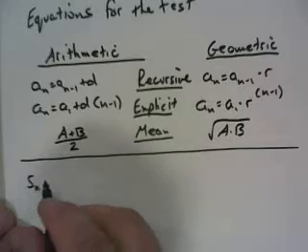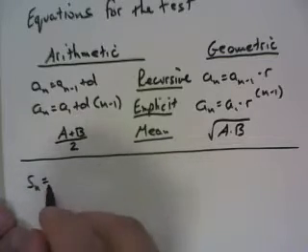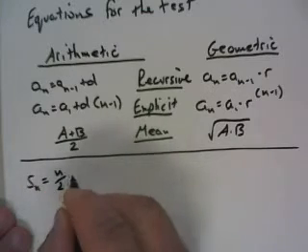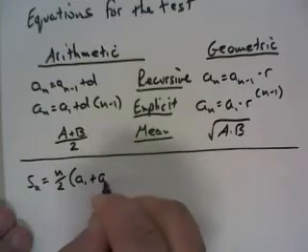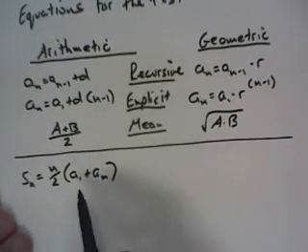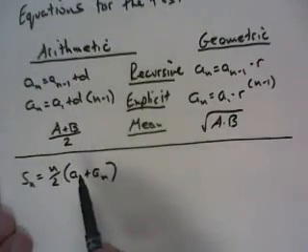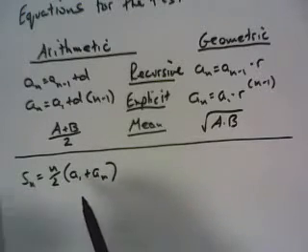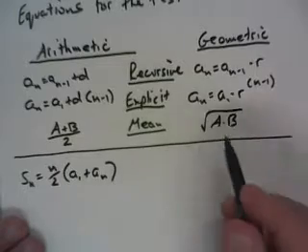We did this in class with the numbers 1 through 100. To find the sum of all the terms in an arithmetic series, we take the number of terms divided by 2. We take the first term plus the last term. And this only works for finite arithmetic series. If it's an infinite one, we cannot find the sum.